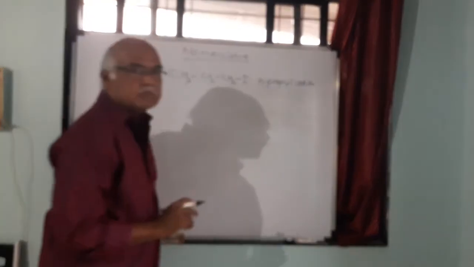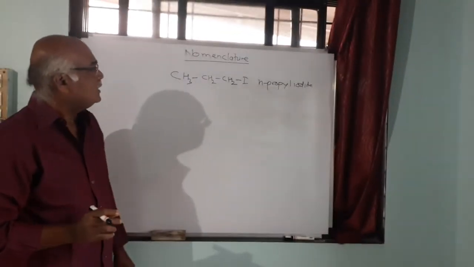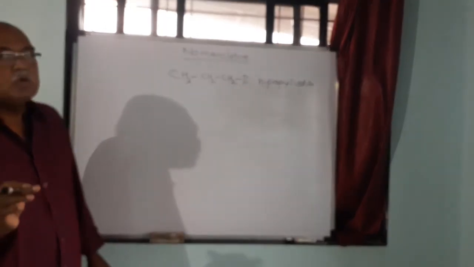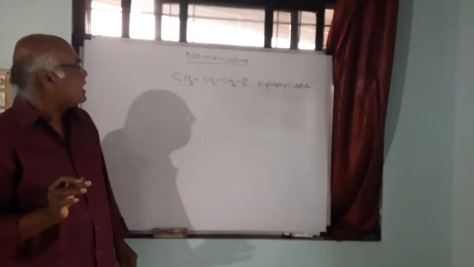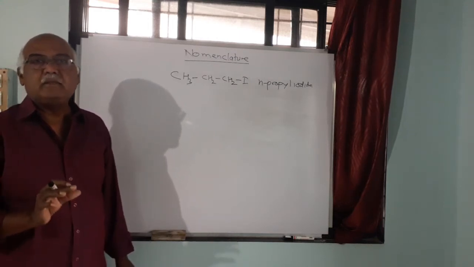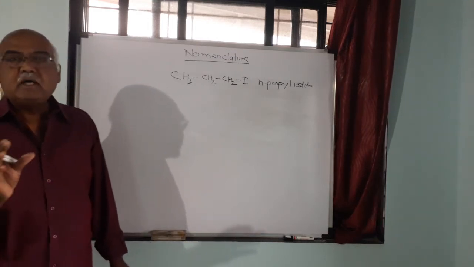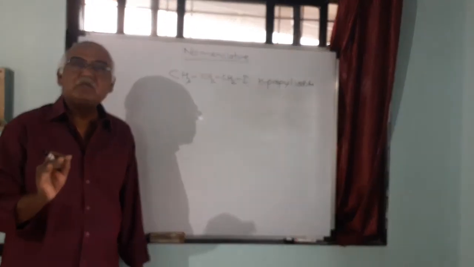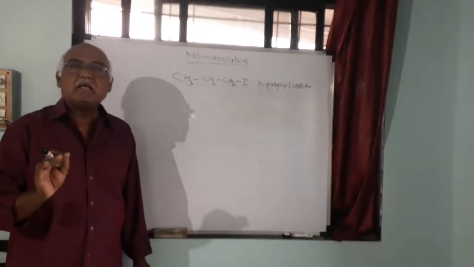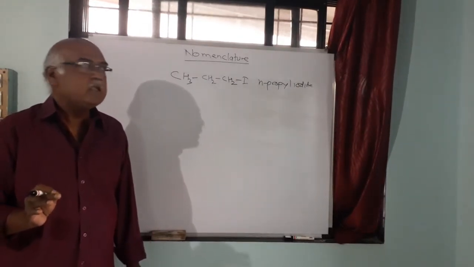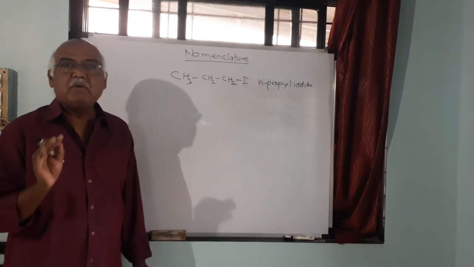N-propyl iodide. And if you see the IUPAC nomenclature system, you just have to count the number of carbon atoms. There are three carbon atoms, so this is a derivative of propane. Now if the number of carbon atoms goes on increasing, you have to give numbers to the carbon atoms so that the carbon atom which has the functional group, that is the halogen atom, has the minimum number.